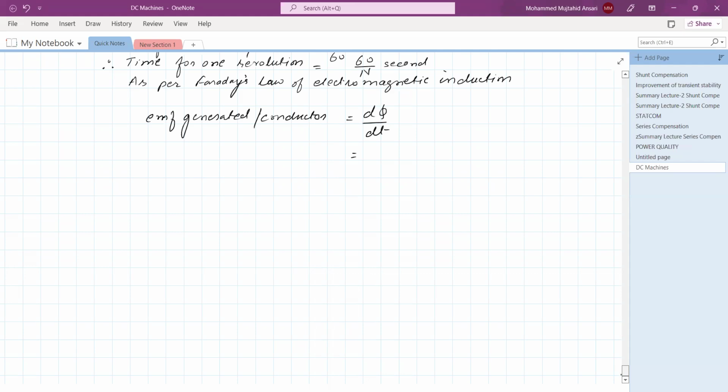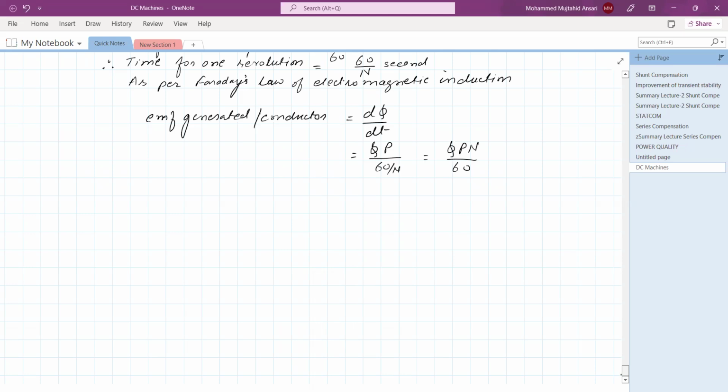What is d phi? It is phi P. And what is dt? The time for one revolution, which is 60 upon N. So it is equal to phi P N upon 60. This is for one conductor.